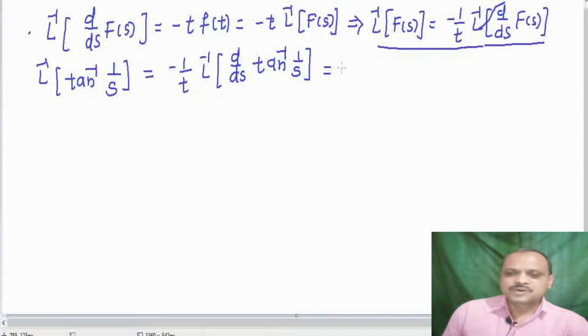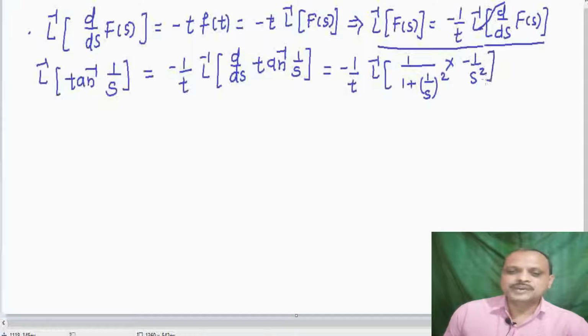So this is equal to minus 1 by t into L inverse of 1 divided by 1 plus 1 by s whole square into the derivative of 1 by s, which is minus 1 divided by s whole square.